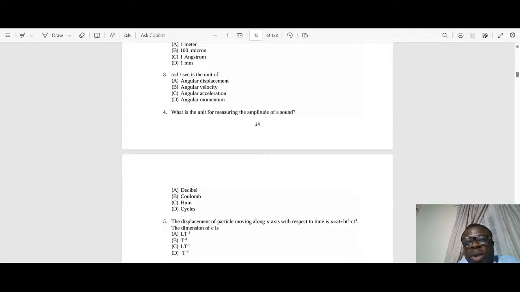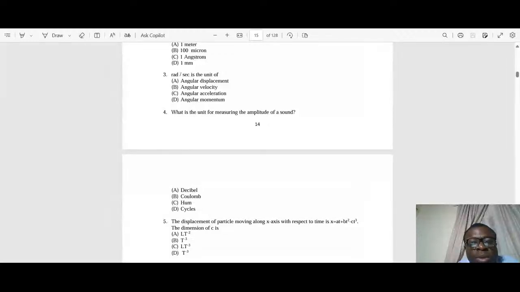Okay, the equation again. I repeat that question again. The displacement of a particle moving along x-axis with respect to time is x equal to at plus bt square minus ct raised to power 3.